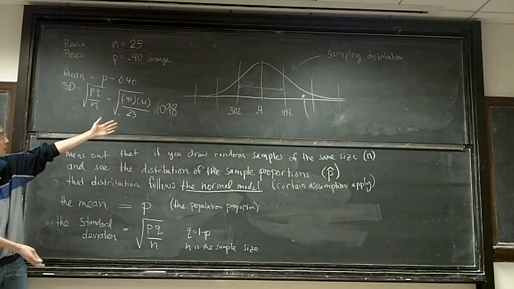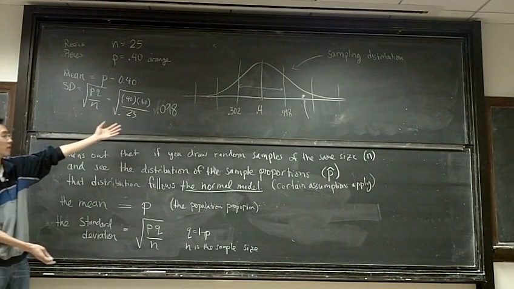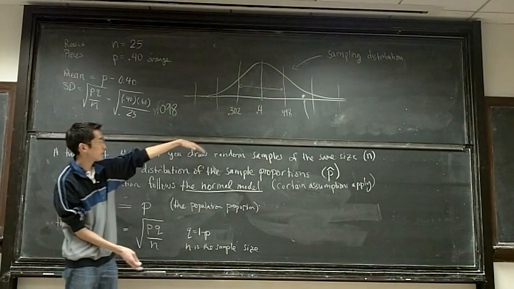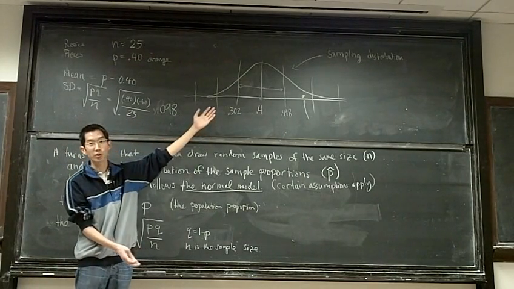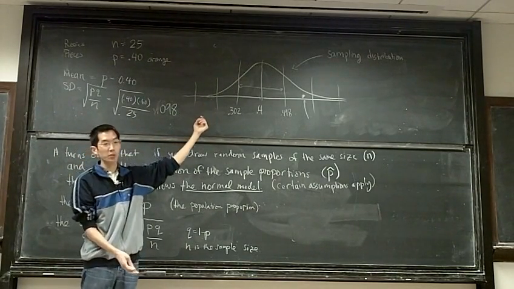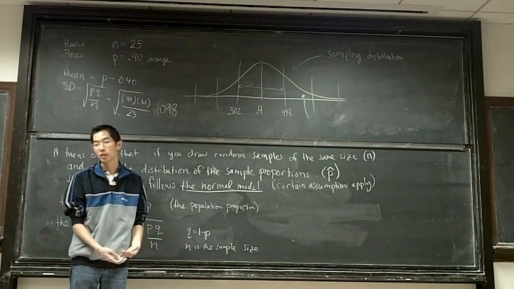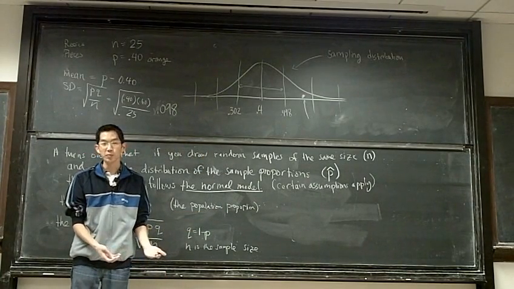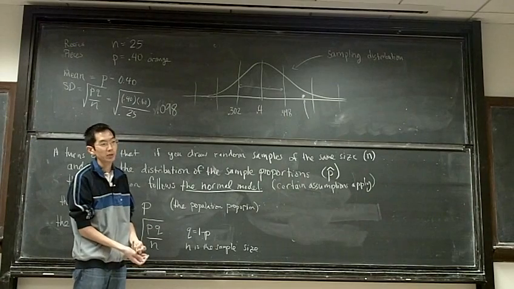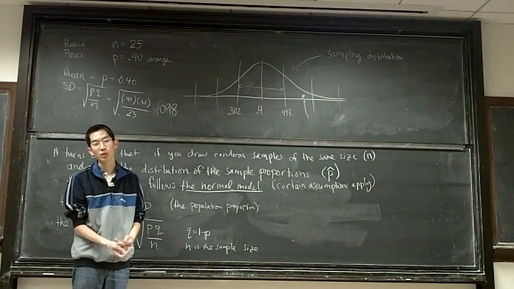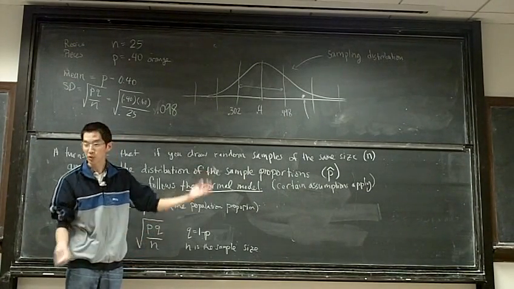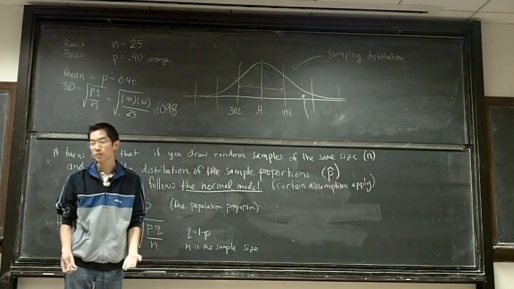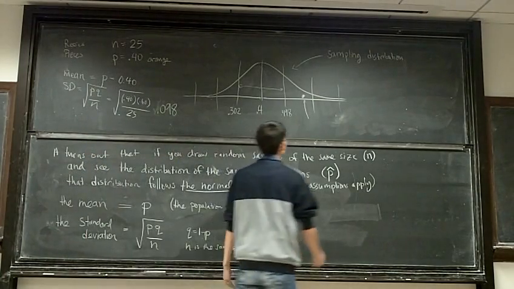Well, because now we have this normal model, I can say, if you know that the sampling distribution looks like this, what is the probability that when you take a random sample, that sample happens to have a proportion that is 60% orange or higher?